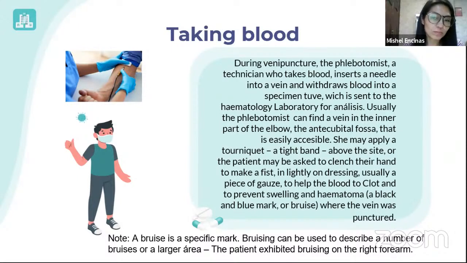Taking blood. During venipuncture, the phlebotomist, a technician who takes blood, inserts a needle into a vein and withdraws blood into a specimen tube, which is sent to the hematology laboratory for analysis.